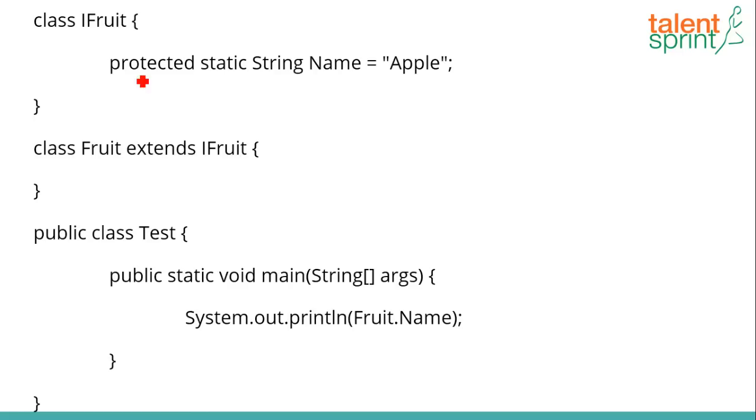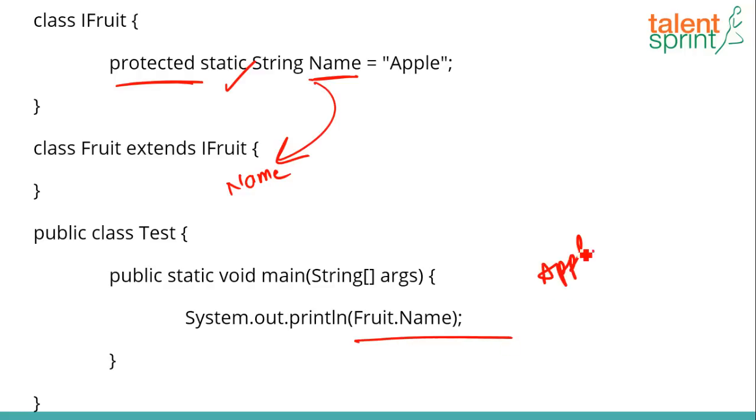Anything protected can be accessed by the derived class. So this name, even if it is protected, the derived class can access this name. So the derived class has access to the name, correct? And since it has access to this name and it is static, we can call it using the class name.name. So the output is apple, correct?